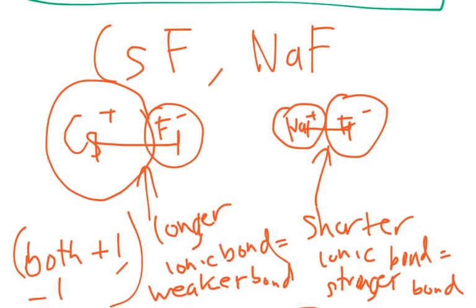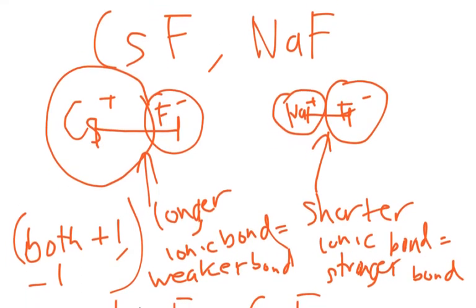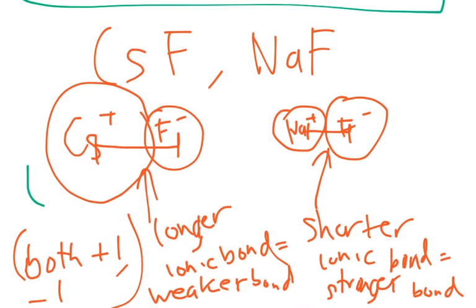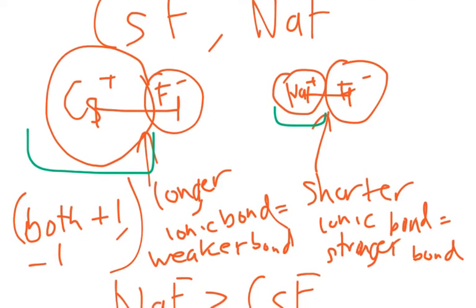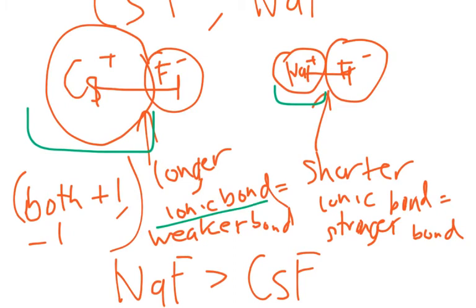Let's compare the boiling points of cesium fluoride and sodium fluoride. Now, if we draw this out, we can clearly see that cesium is a larger cation than sodium because cesium is in a higher group than sodium is. And because cesium is larger, you'll notice that the ionic bond will be longer than the ionic bond between sodium and fluoride.